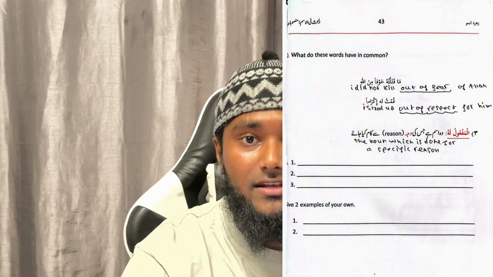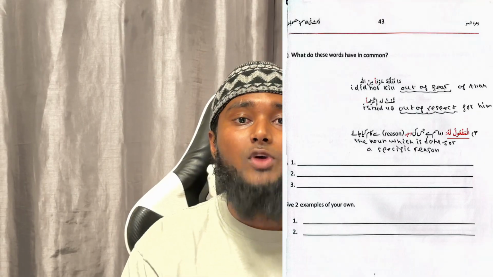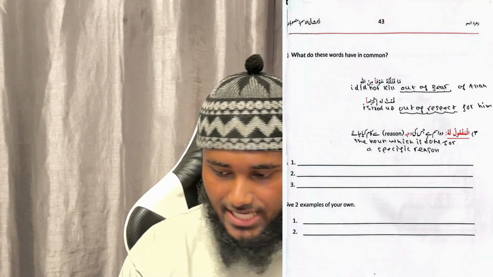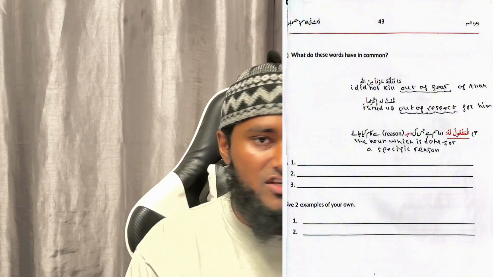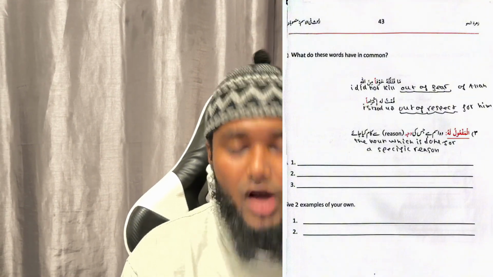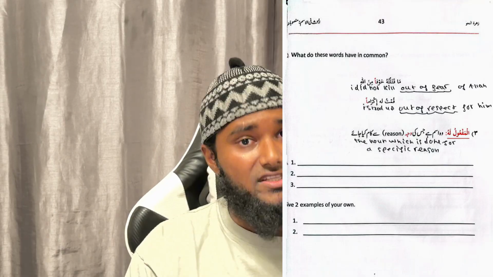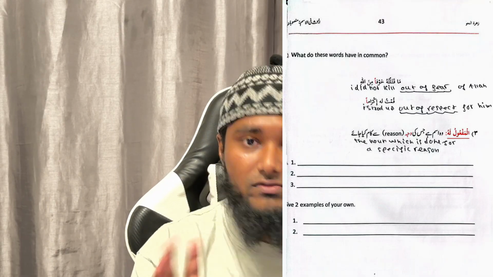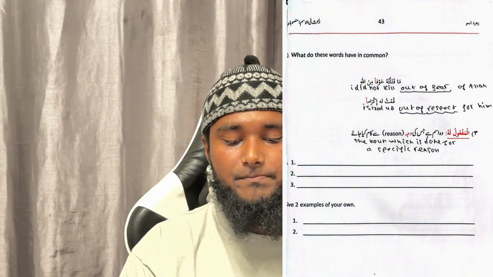So I'll say that again: from learning this chapter, we can see that certain words can be put into the nasab case to show the reason why an action happened. So here, خوفا من الله, خوفا is in the nasab case, and we can identify that from the two fatha. And ikraman is in the nasab case, we can identify that because it has two fatha.